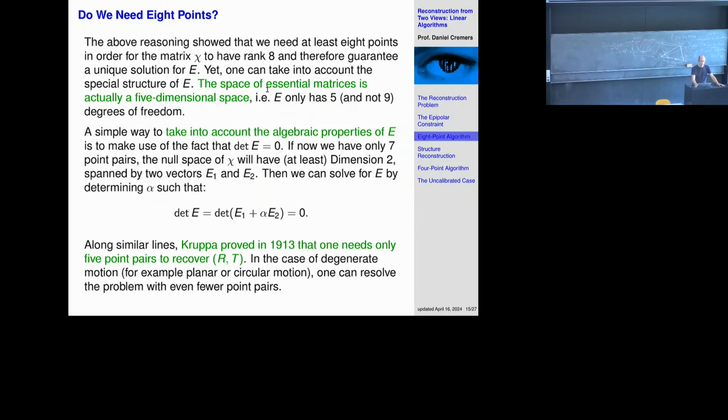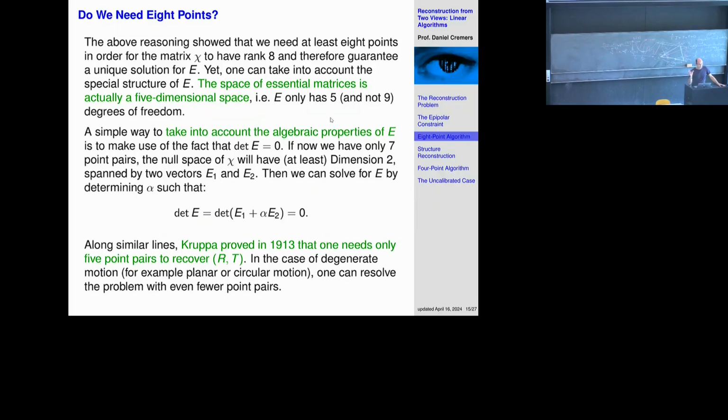For example, since the matrix E has the smallest singular value that is 0, and in fact that is essentially how Kruppa tackled it, the space of essential matrices is in fact a 5-dimensional space. So E has not 9 degrees of freedom, but only 5 degrees of freedom.